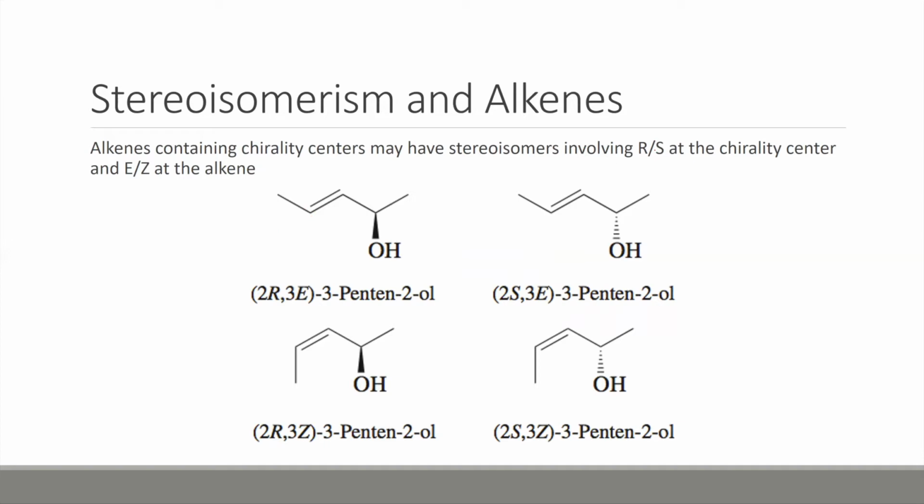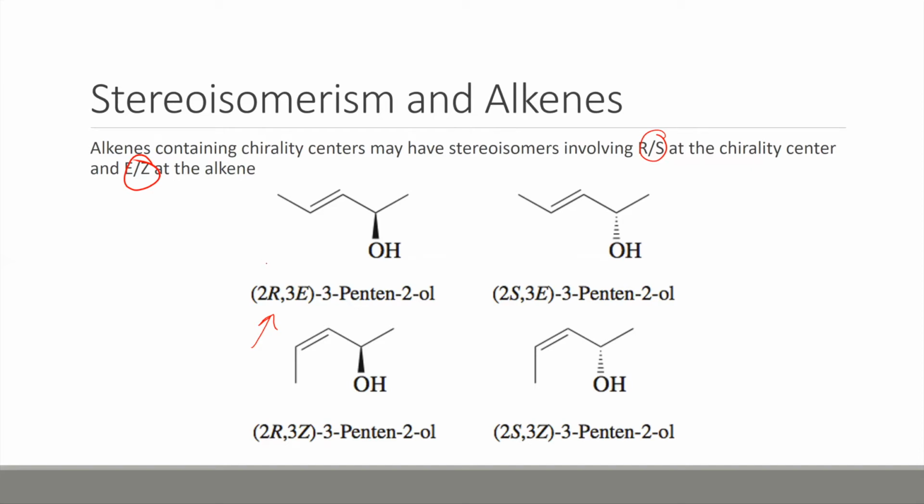Remember that for chirality, we use R and S. Don't get confused between these, R and S. And for double bonds, we use E and Z. So you would still write your R or your S or E and Z as normal, but notice, like I said, they go in parentheses at the front of the name.